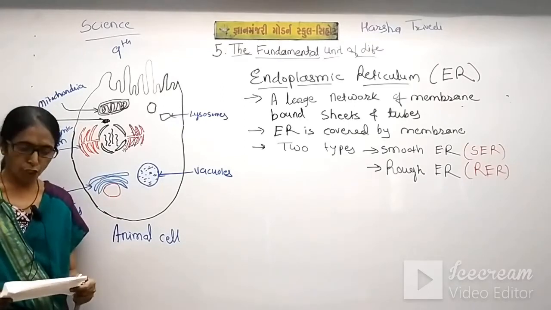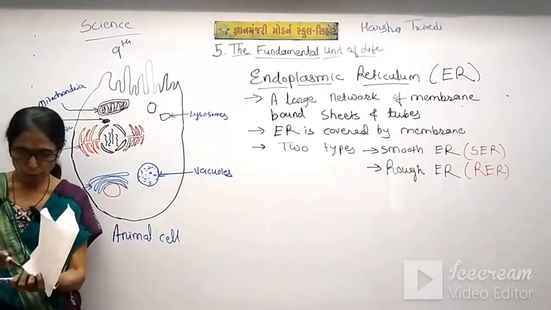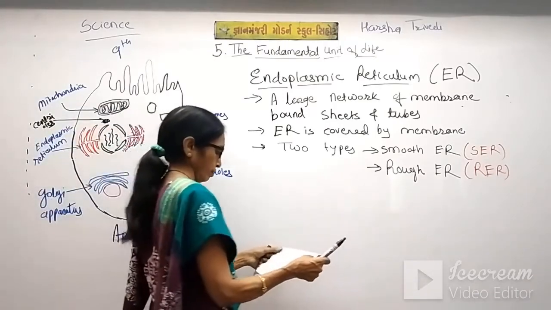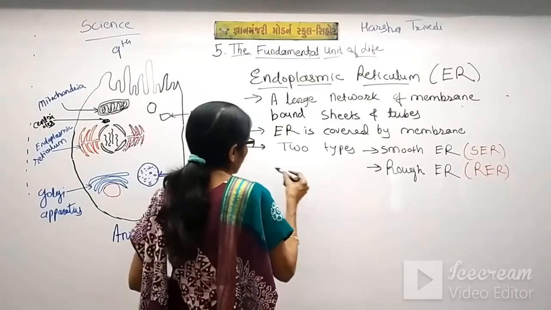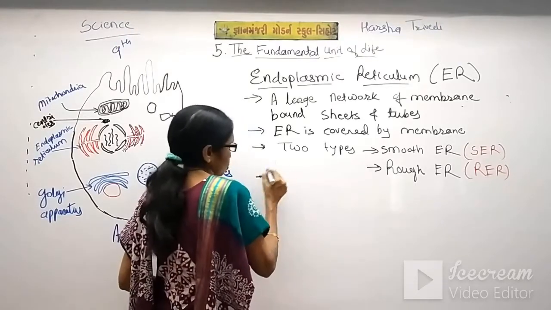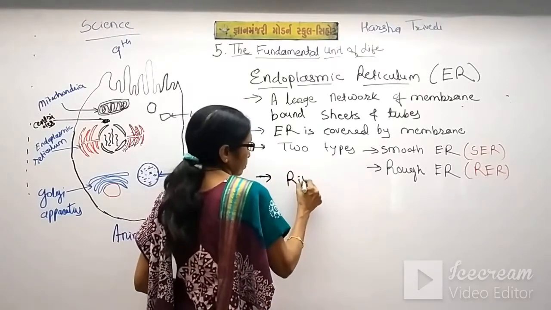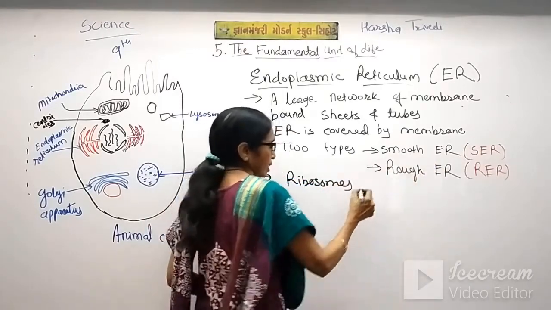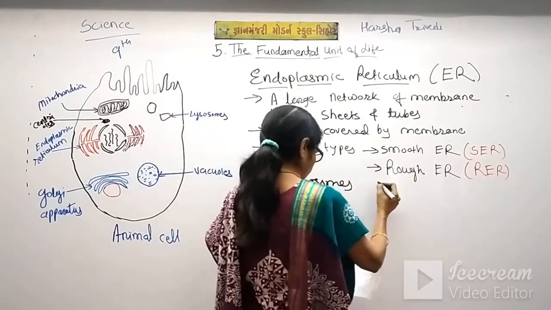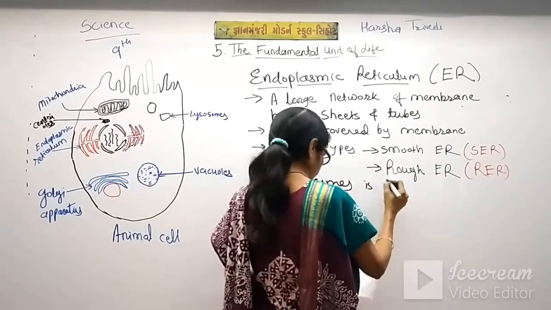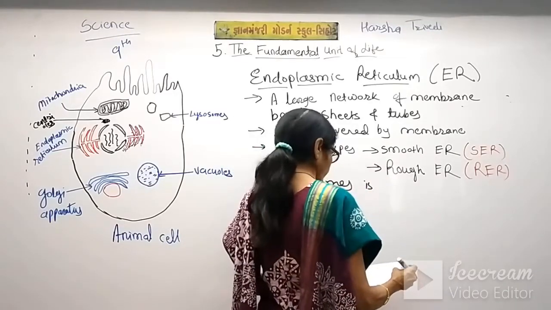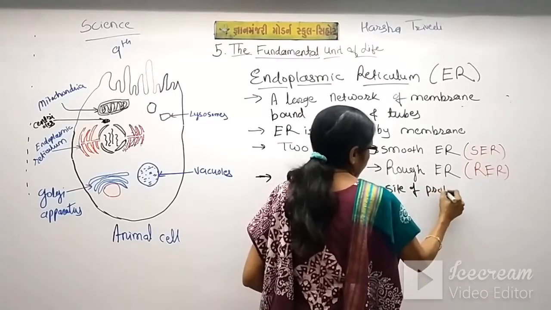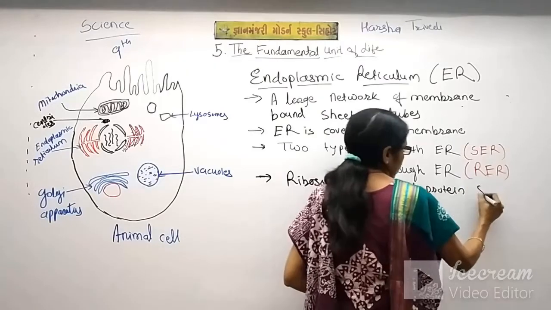Now what is the function of this rough and smooth ER? Now what do the ribosomes do? The ribosomes, which are responsible for the rough ER, are the site of protein synthesis.